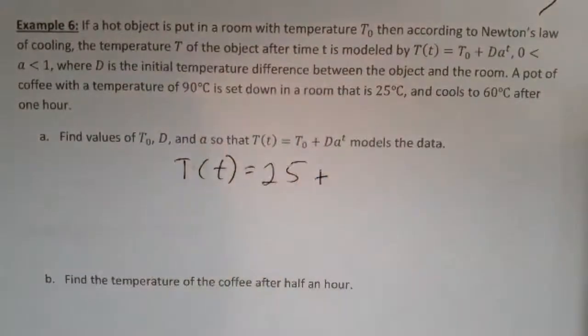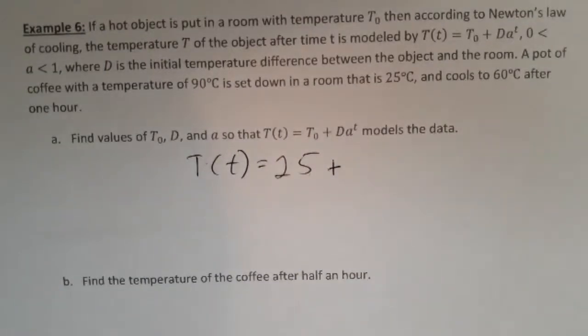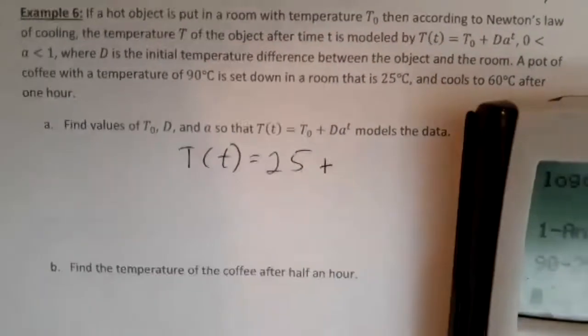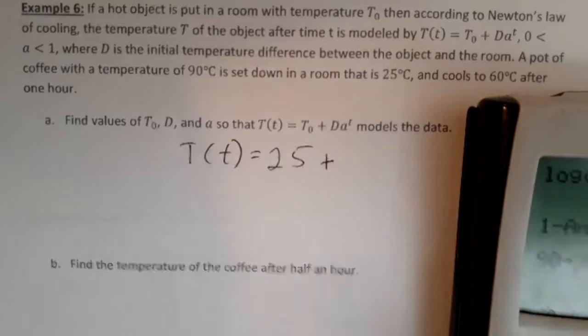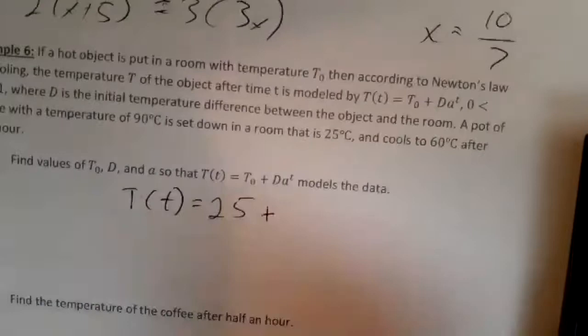D is the difference between the object and the room, so 90 minus 25 should be 65. Let me double check and make sure this is positive. They're not doing something negative. Yes, it should be positive, so it should be 65.